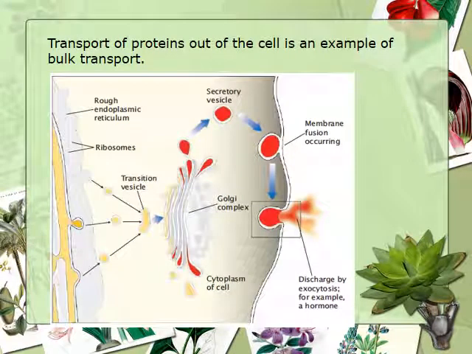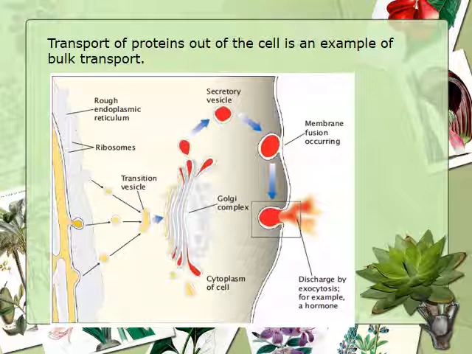The most important example of bulk transport is the exocytosis of proteins. And we'll speak a little bit more, actually a lot more, about this process in more detail at the start of next year. But this example is showing where the proteins are made through the ribosomes, often on the rough endoplasmic reticulum.